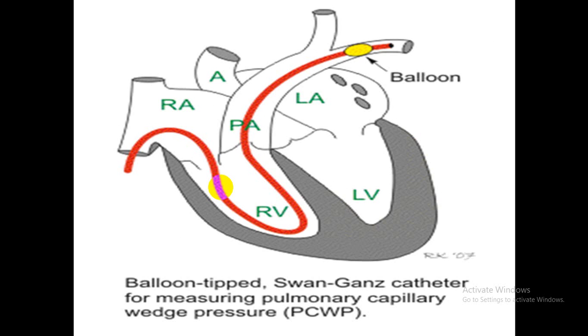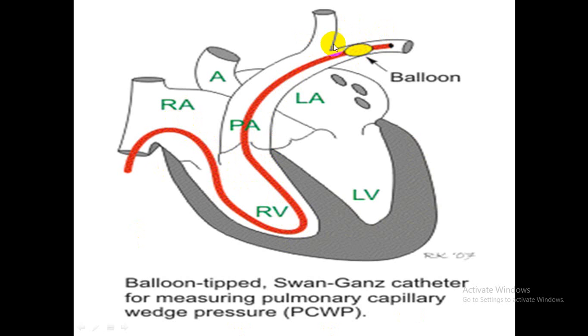Capillary wedge pressure is measured by a special catheter, which is the balloon-tipped Swan-Ganz catheter. This catheter is passed to the right atrium, to the ventricle, and then the pulmonary artery to be tipped and wedged in the narrowest pulmonary arterioles, small arteries.